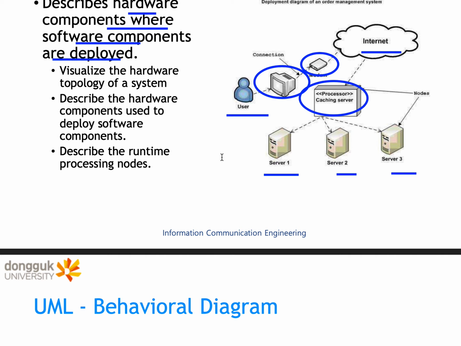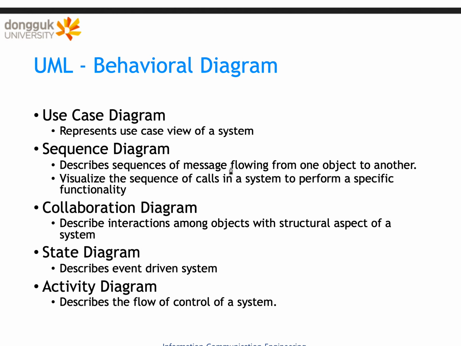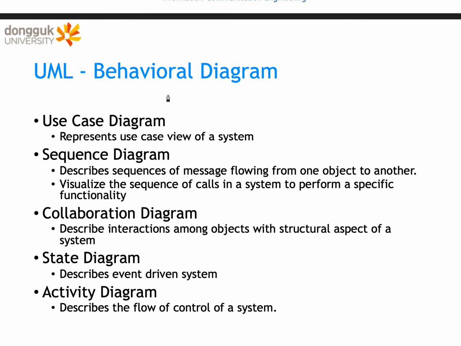So there is another diagram that is called the behavioral diagram. It has several types of behavior diagram, like the use case diagram, sequence, collaboration, state, and activity diagram. The use case diagram represents the use cases of the system, and the sequence diagram describes the sequence of message flow from one object to another, and it visualizes the sequence of calls in a system to perform a specific functionality.